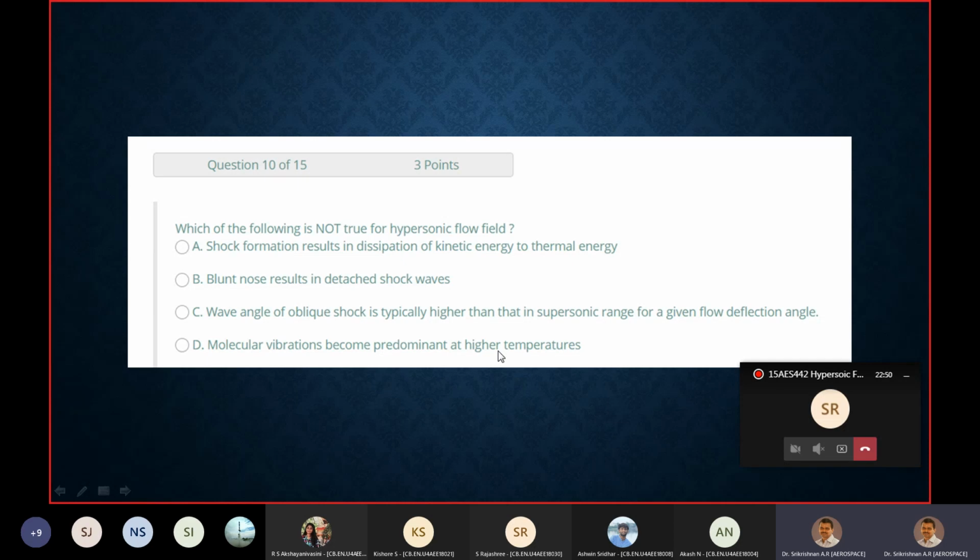The flow loses its kinetic energy, the velocity, but the temperature increases, and when there is a temperature gradient with an approaching body, there is heat transfer. Even within the flow, the internal energy and temperature increase. So statement A is correct, and that's not the choice.